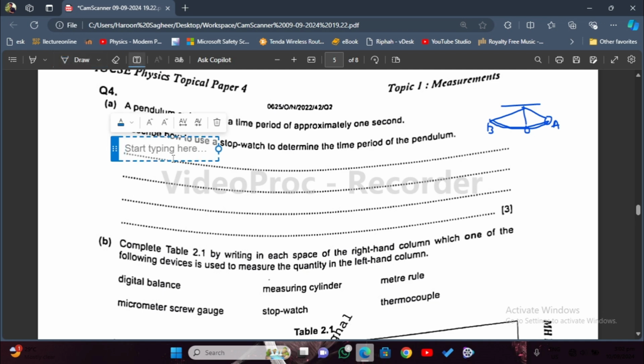All right, let's write it down. When we have taken the pendulum, that is going all the way up to there, so I would just start this from this point.